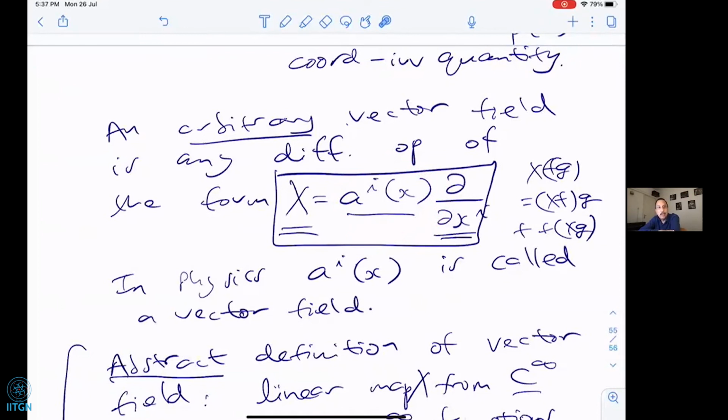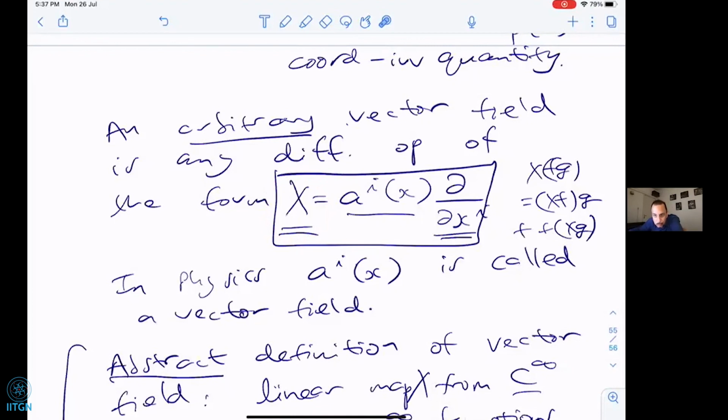Ax, Ay, Az are not the same as Ar, A theta, A phi. But ai of x d by dxi is the same whether the x's are my x, y, z coordinates or my r, theta, phi coordinates or any other coordinates I may think of. So for mathematicians, the fact that it's the same geometric object is embodied by writing this. That's very important.